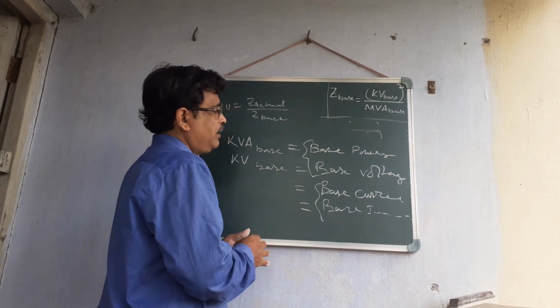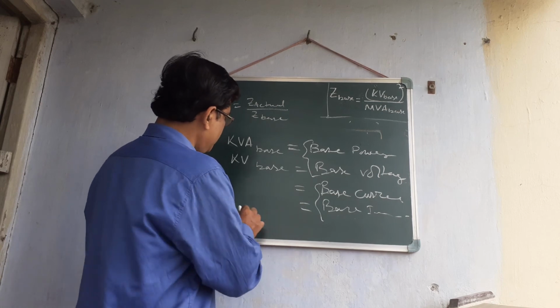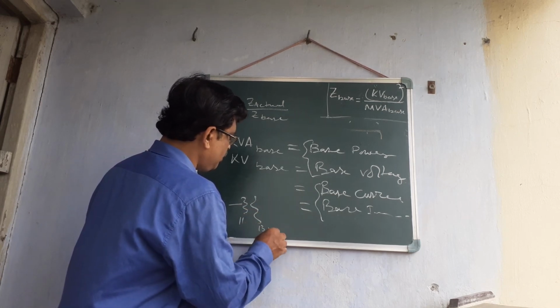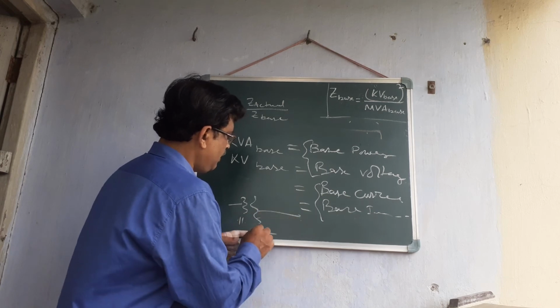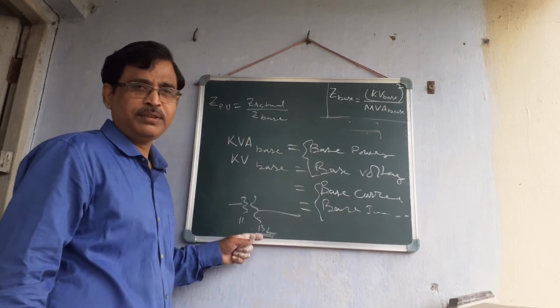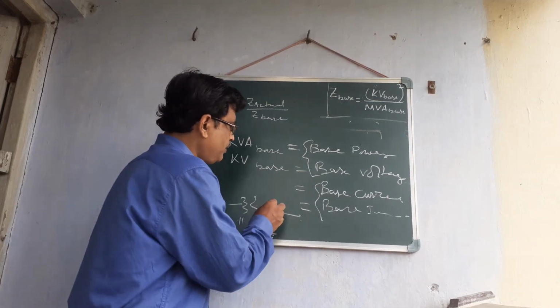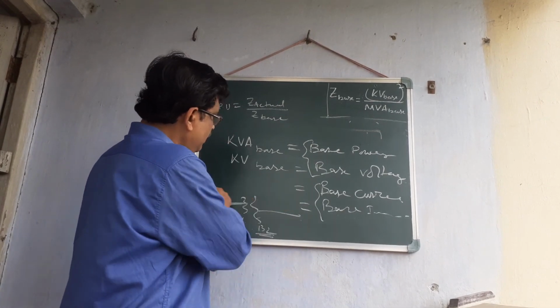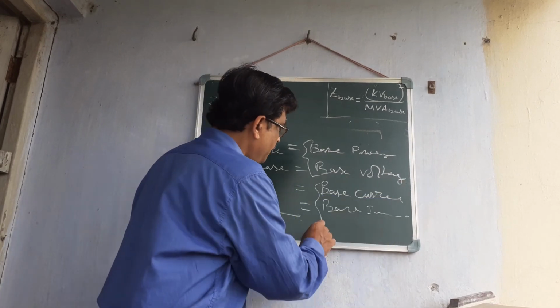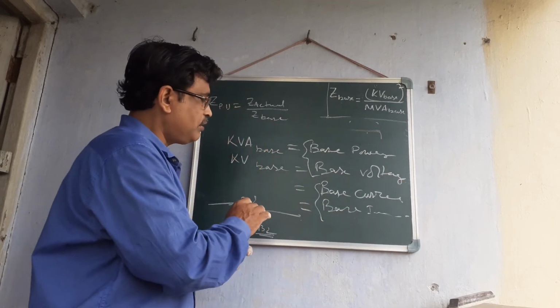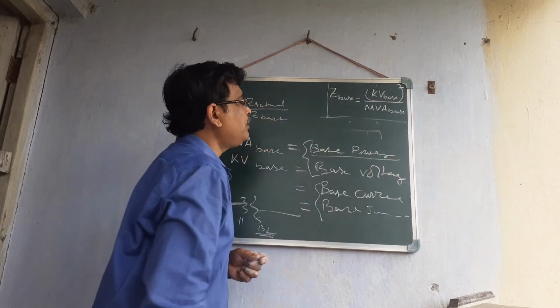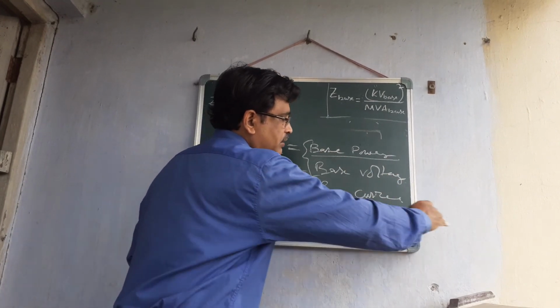And if the transformer is 11 kV to 132 kV, then on this side the base kV will be 132 kV. So we convert the whole circuit like this: if there is a transformer, the base kVA, the base power, will remain the same throughout the circuit.